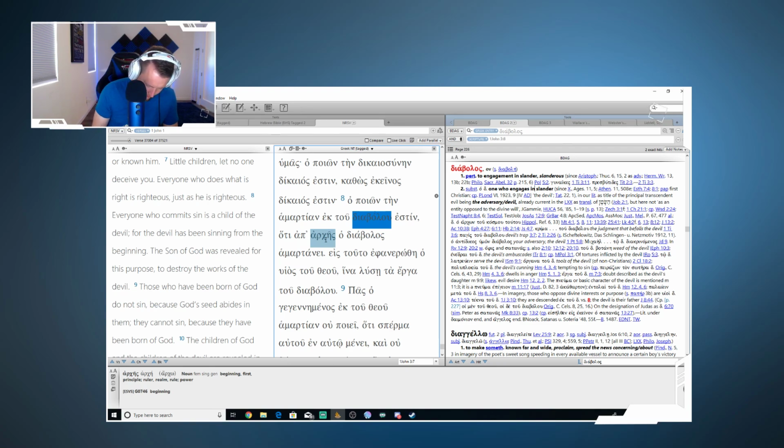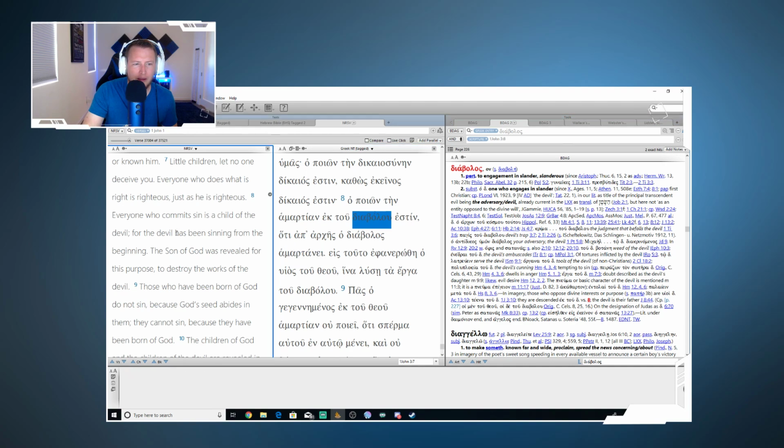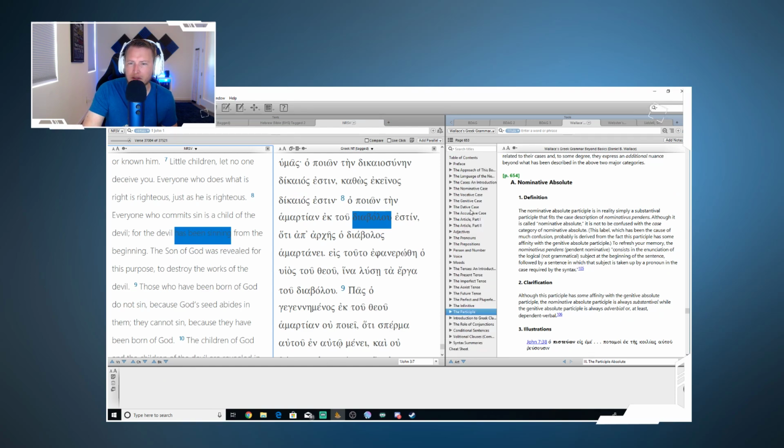For the devil sins from the beginning. So another required genitive following preposition, from the beginning. Interesting. This is present. But then RSV translate it past tense. Why is that? Let's see.